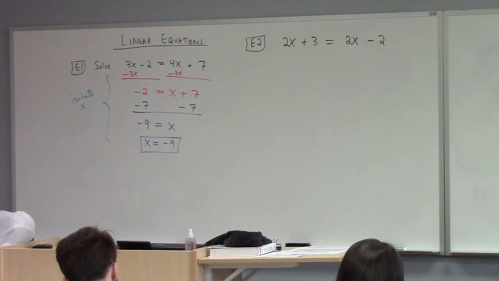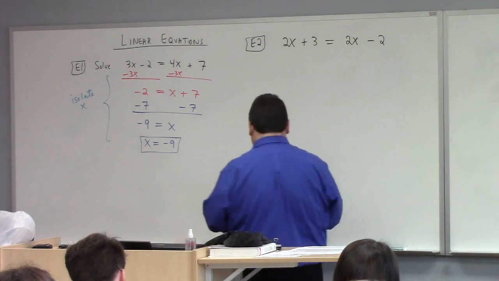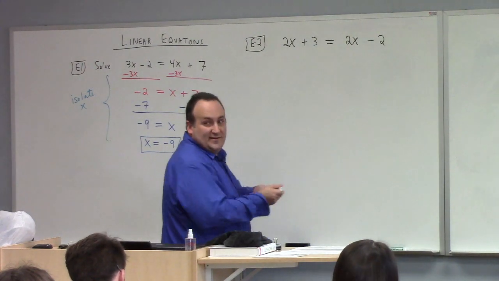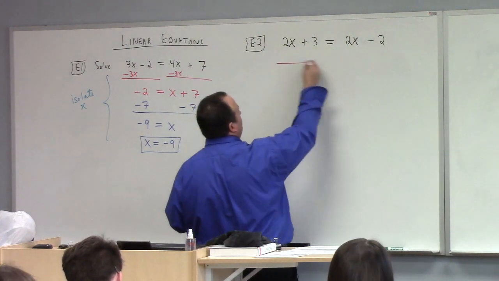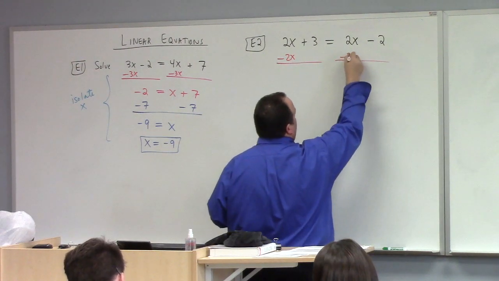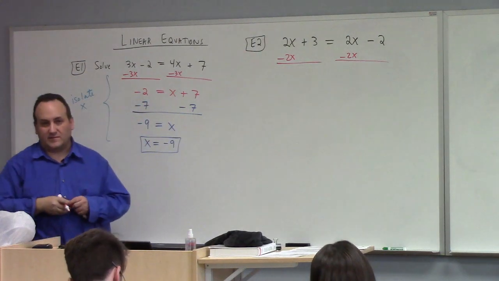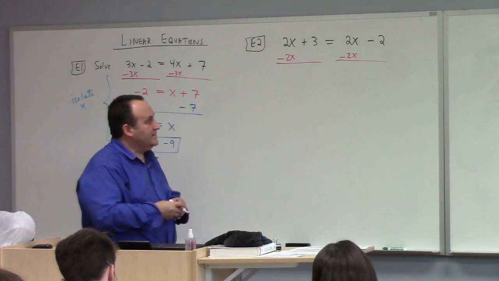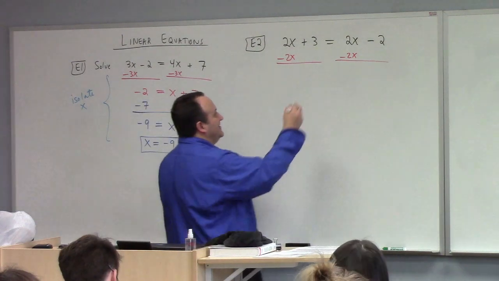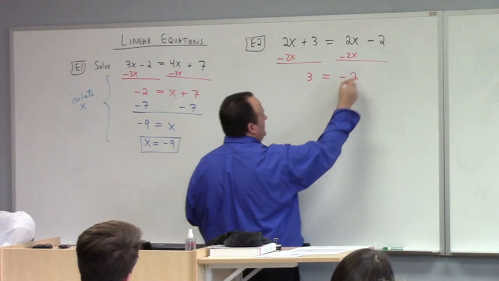Now what happens here though? What happens? You can't do it? What happens when we try? So I try to subtract 2x from this side. You can't just subtract it from one side, right? To be fair, you have to do the same thing to both sides of the equation, right? And so, oh no, this gives us 3 equals minus 2.